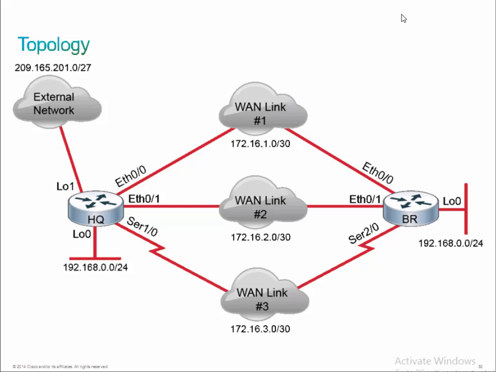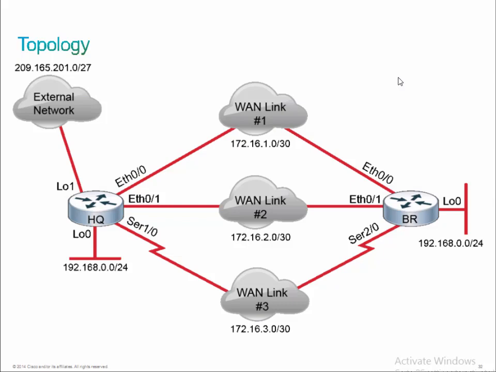We've got an Ethernet WAN connection that goes over network 172.16.1.0. We've got another Ethernet WAN connection that goes over 172.16.2.0, and then we have a serial connection that goes over 172.16.3.0.